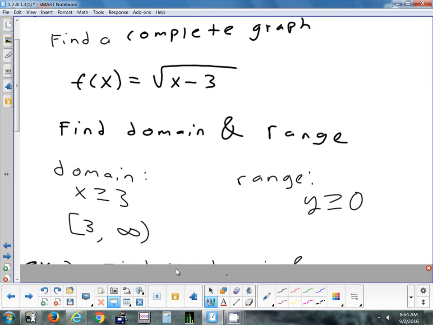And if I plug negative 2 in and do out the arithmetic, what will I get? What will I get if I plug in negative 2 for x? 4 plus 1, yeah, 5. That's it.